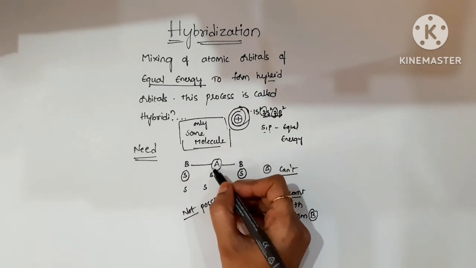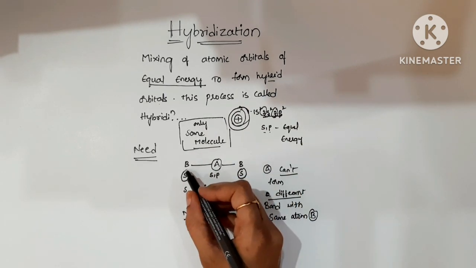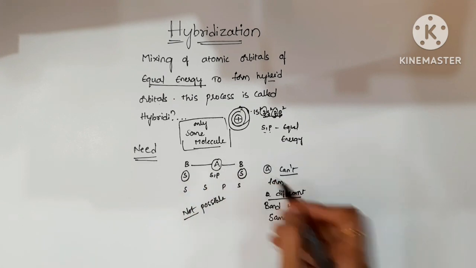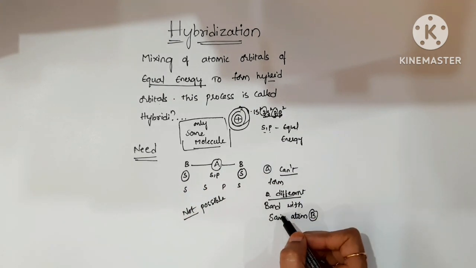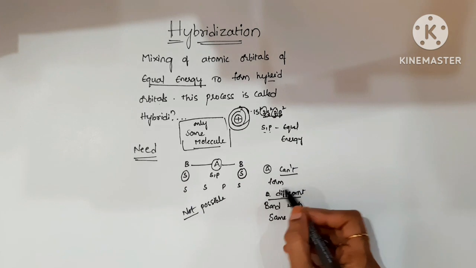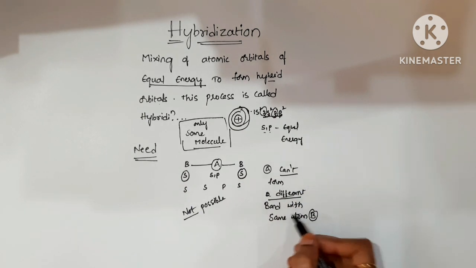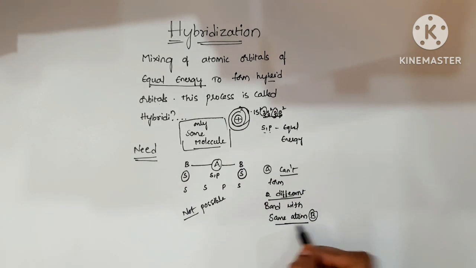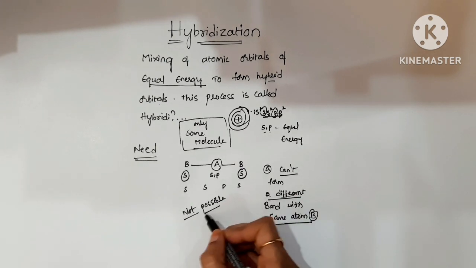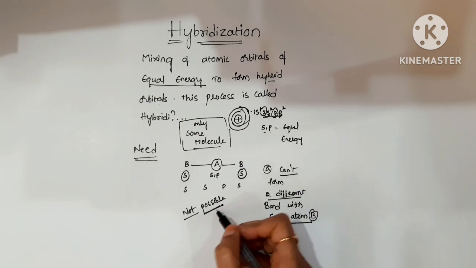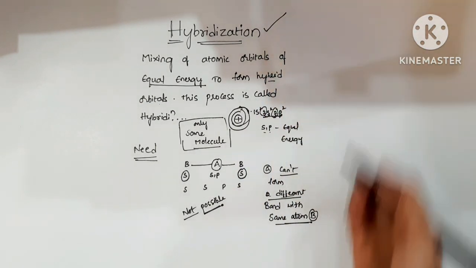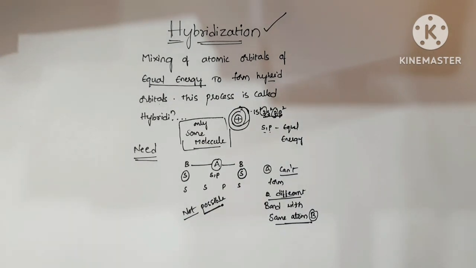Because any atom cannot form two different bonds with the same atom. That's why we need hybridization.